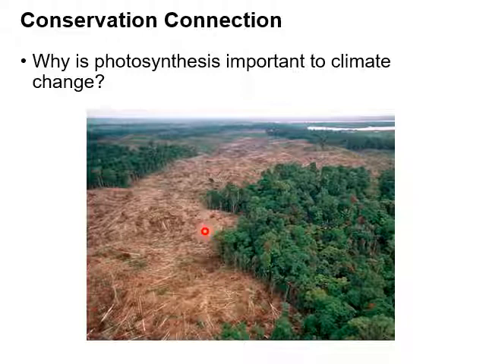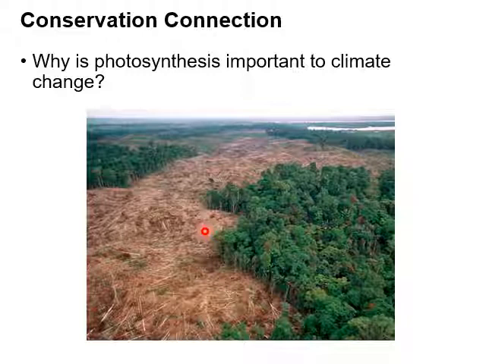So plants act as a natural army against climate change, because plants have the unique capacity to take in carbon dioxide from the atmosphere, to remove the carbon dioxide that is acting as a greenhouse gas, heating up our atmosphere and causing our climate to change.